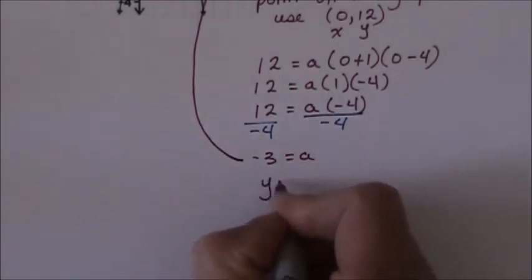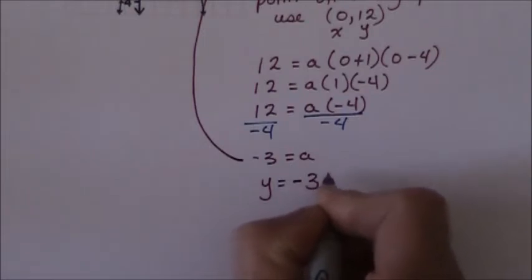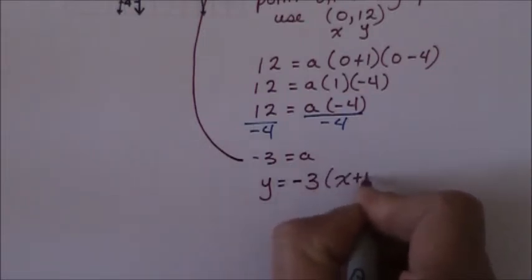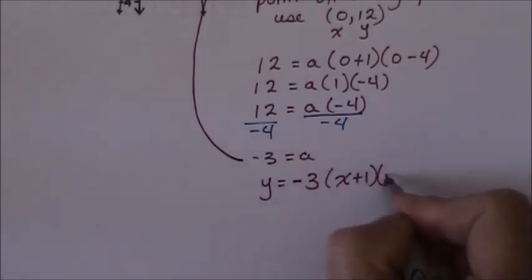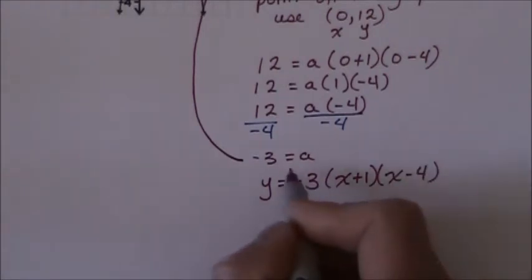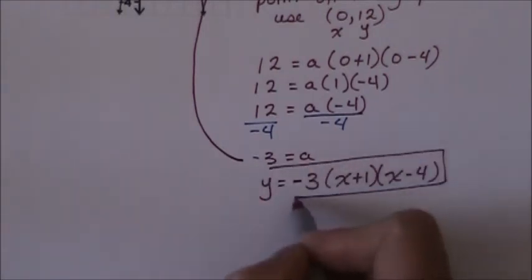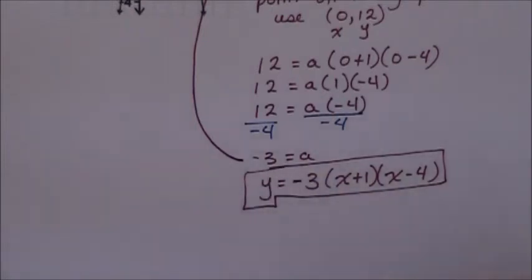So we have y equals -3 (x plus 1)(x minus 4). And there's the equation that if we put it into our calculator and graph, we will get the same picture as the one they gave us.